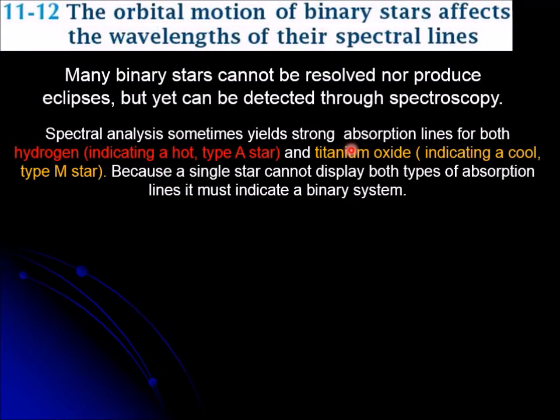So this one indicates that the star is a cool star, something like an M. So if we see hydrogen and titanium oxide at the same time, what is it? Is it an A or is it an M? Well, it's both an A and an M, and it is a binary system.